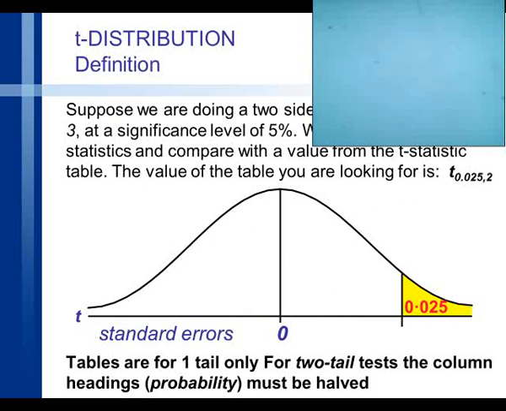Significance level 5%, and you want to find the critical values, which come from the t statistics table. So what we're looking for is, for a two-sided test, the probability on each side is 2.5%. So t 0.025, comma, degrees of freedom, sample size of 3, so 3 minus 1, 2.